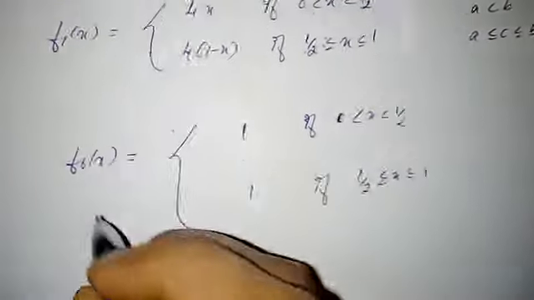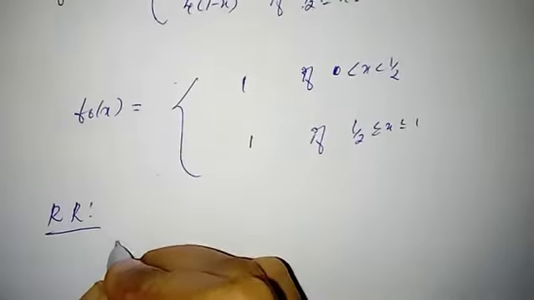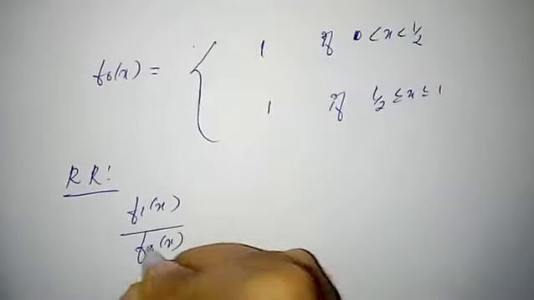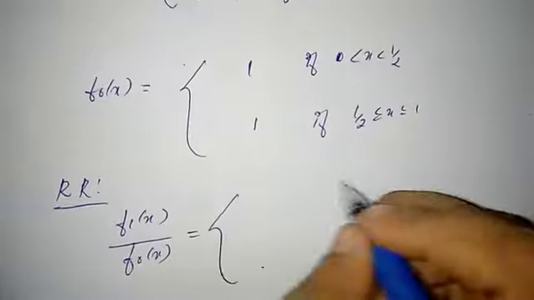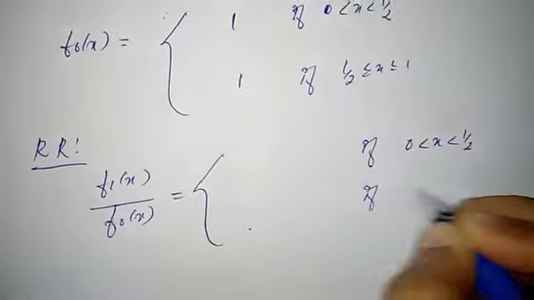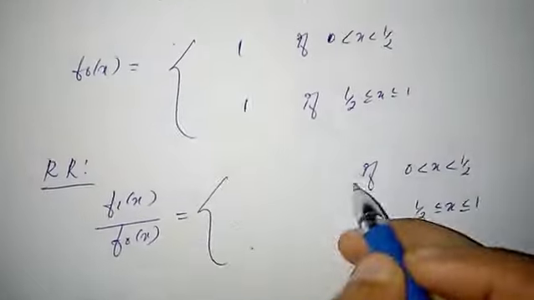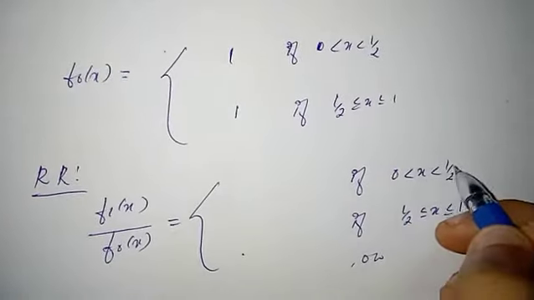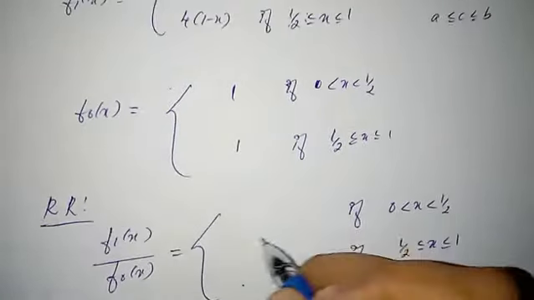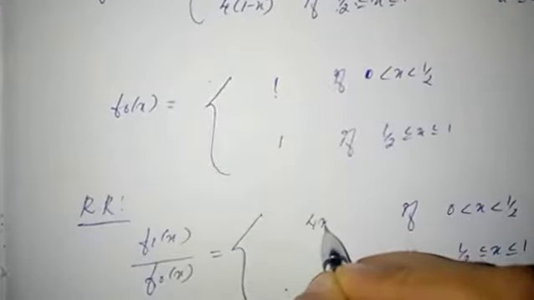Then we have to take the ratio. The rejection region is based on f1(x) divided by f0(x), which equals, for 0 < x < 1/2, 4x divided by 1, that is 4x itself.